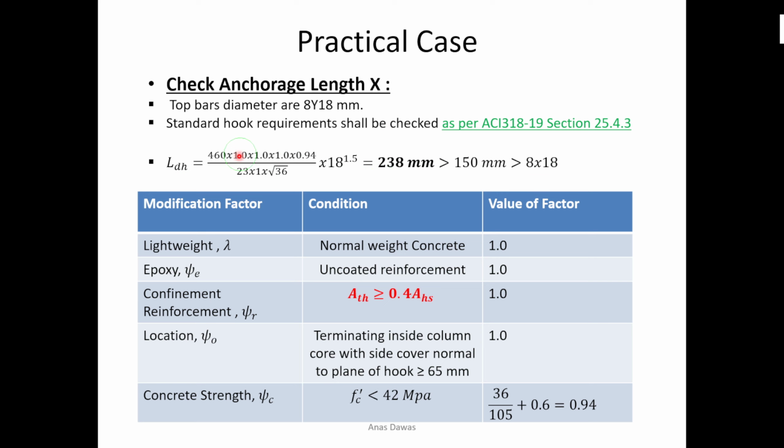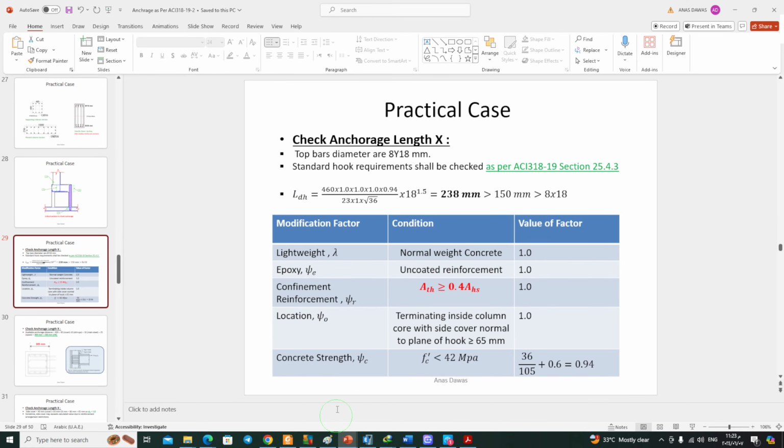But as you can see, I assume that the modification factors for the ldh are all equal to 1, as shown here. I have to make sure that I can satisfy the conditions to use the value of 1, otherwise the exact value will be more.